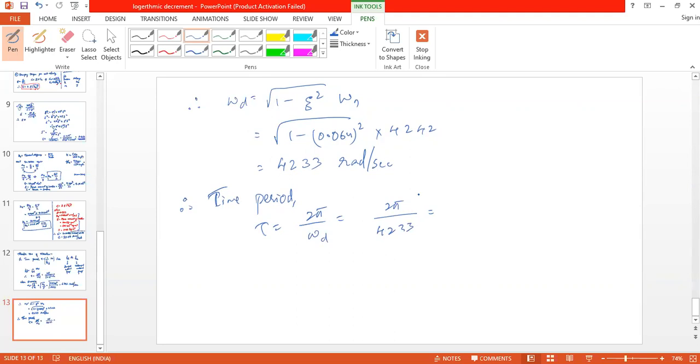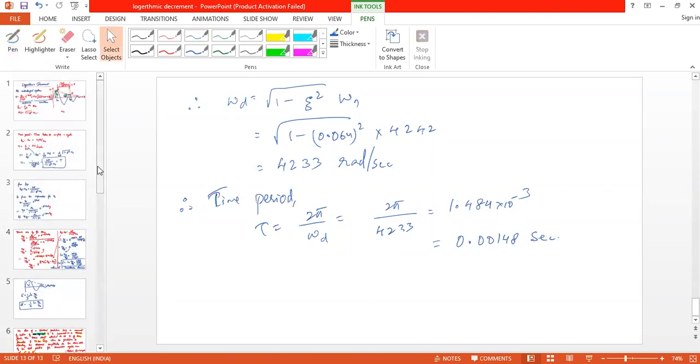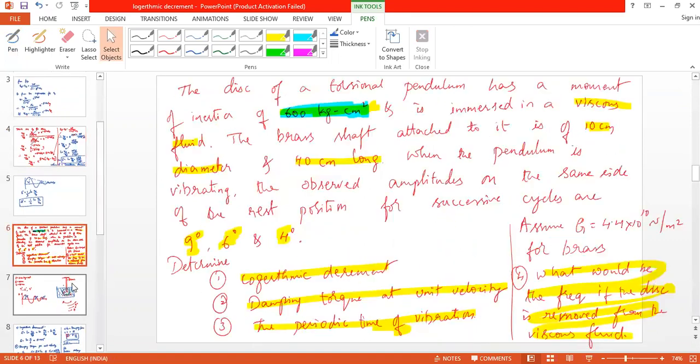So the answer is 0.00148 seconds. Okay, so that is the answer for the third question, that is the periodic time of vibration.